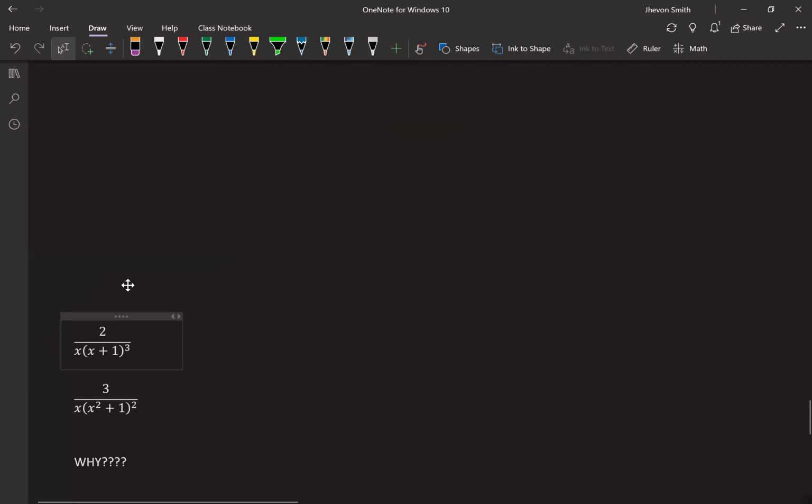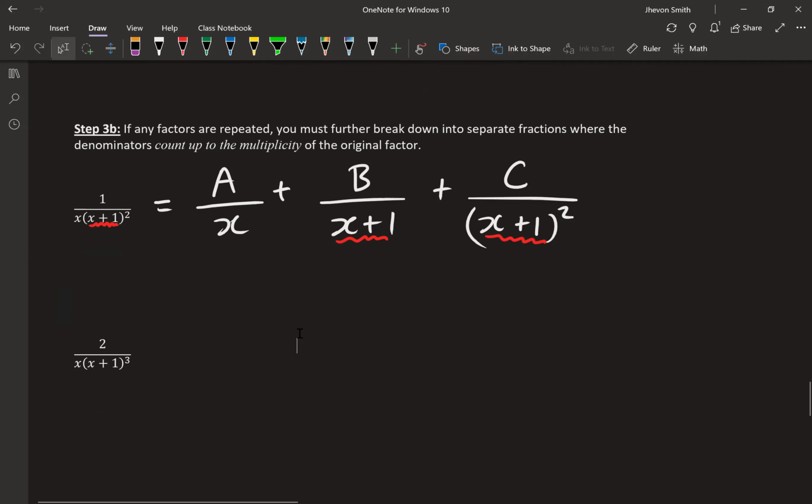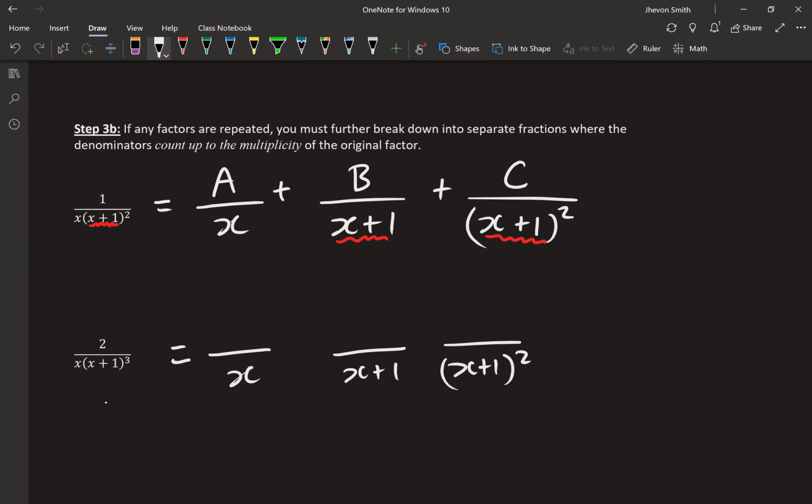Here's another one to see if you get what I'm saying. Here, I have 2x times x plus 1 cubed. So again, I'm going to break this up. The first one is x. Then x plus 1 is the base factor, but it's cubed. So I'm going to have x plus 1, then x plus 1 squared, then x plus 1 cubed.